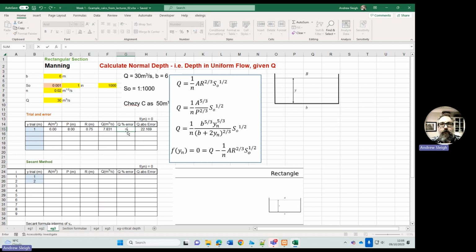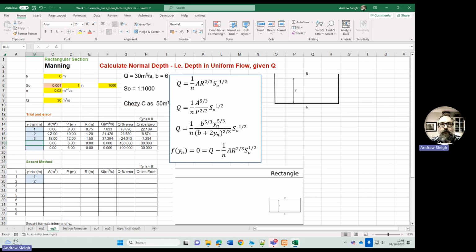Let's calculate Q percent error. So it's that value divided by the target constant times 100. So we're 73% out. Let's drag this down now to the bottom. I'll put 1 in here to get the same numbers. Perfect. We're going to put 2 in. It's getting closer. Put 3 in.